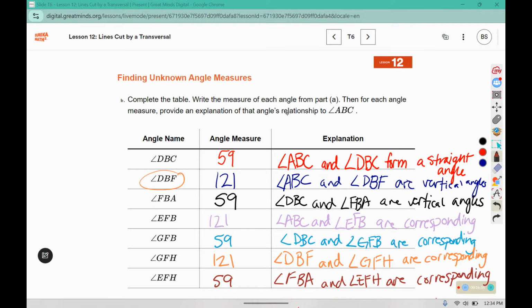Now it does say in relationship to ABC, so you could rewrite these in terms of how it's related to ABC, but you will eventually need to use some form of correspondence or alternate interior or alternate exterior to form other relationships as we go. So there are more than one correct answer to the explanations for how we got those angle measures.